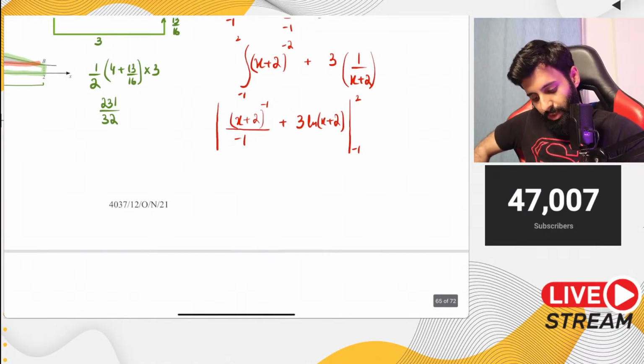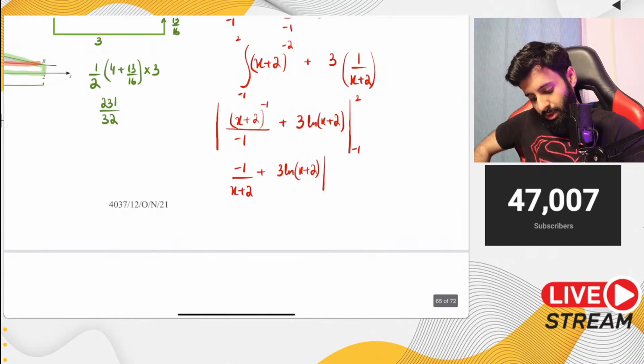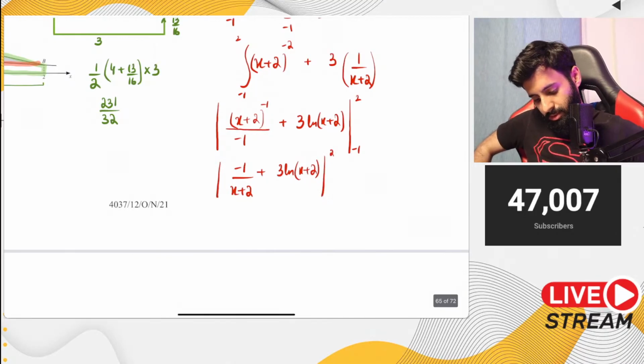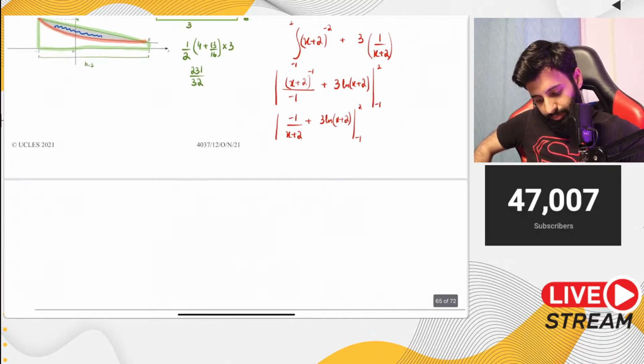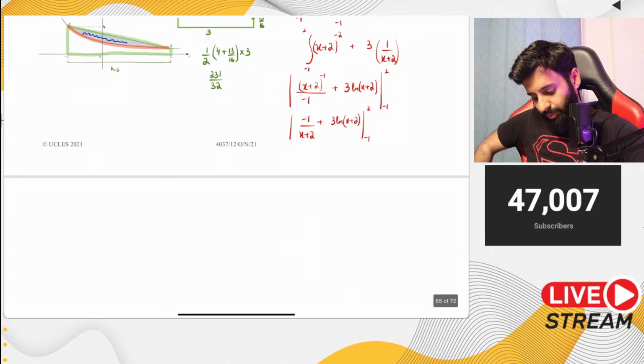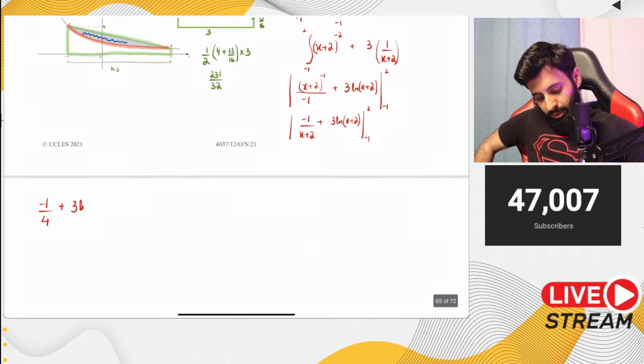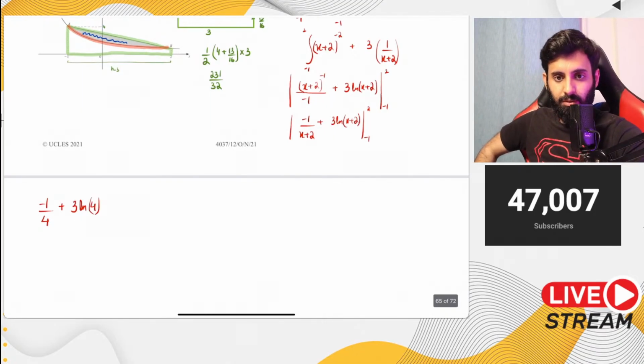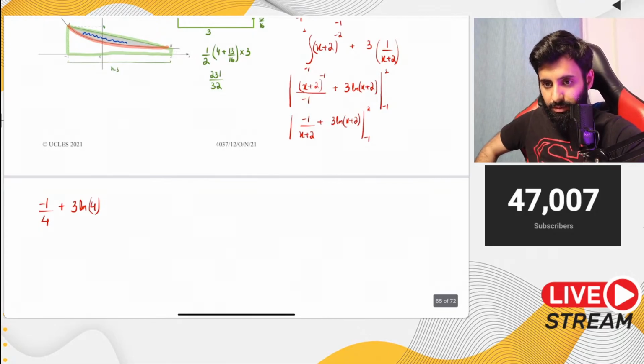So this can be written as minus 1 upon (x plus 2), plus 3 ln (x plus 2), within the limits 2 and minus 1. Now I'm going to start from here. So if you plug in 2, let's see what happens. Minus 1 upon 2 plus 2, which means 4, plus 3 ln (2 plus 2), which means ln 4. Okay, so this is what we end up with so far.